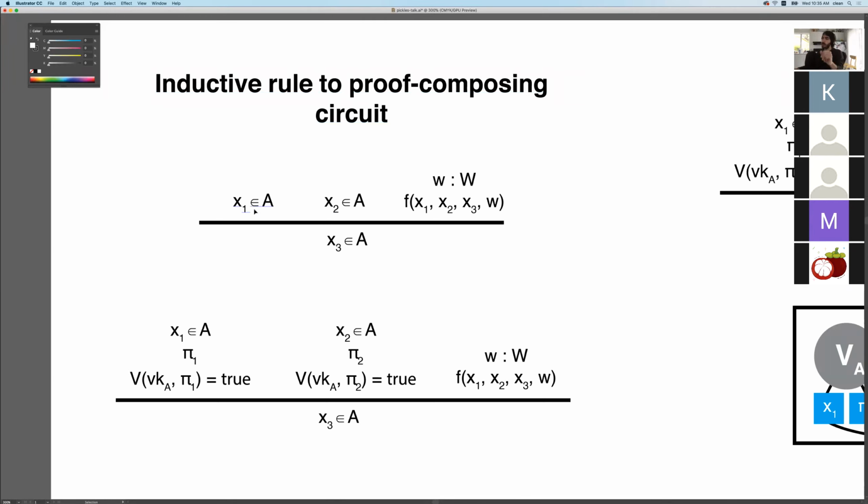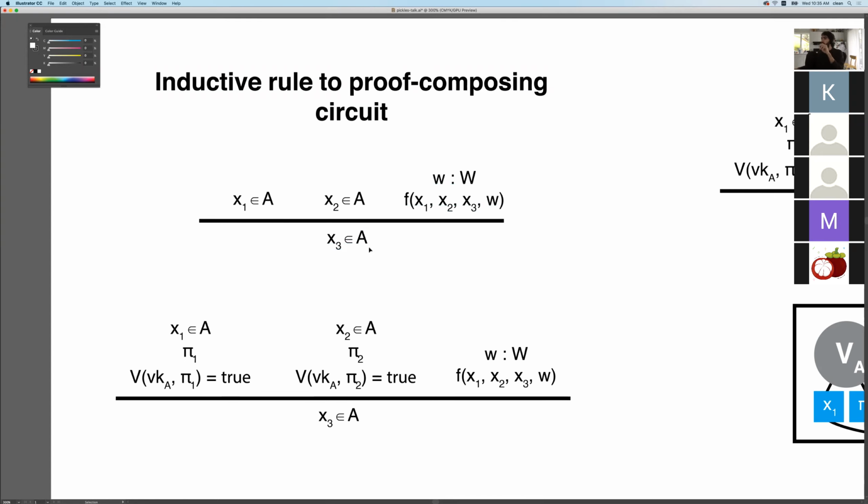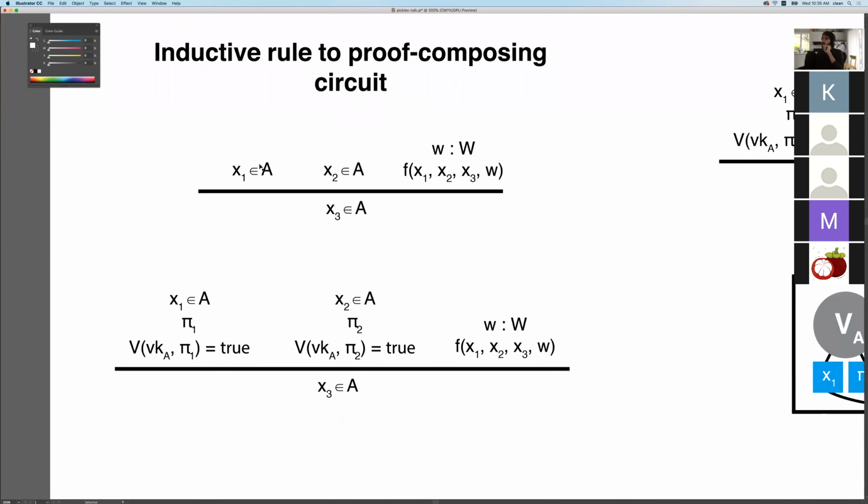It says, if x1 is an A and x2 is an A, and if I have some w of type W, and also if this predicate F holds of all those values, then you may conclude that x3 is an A. Well, supposing that we had some kind of verification key corresponding to a snark for proving membership in A, we could rewrite this.